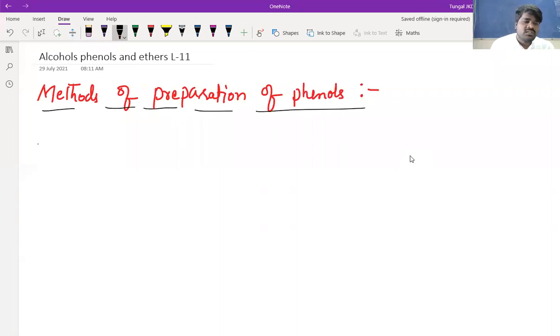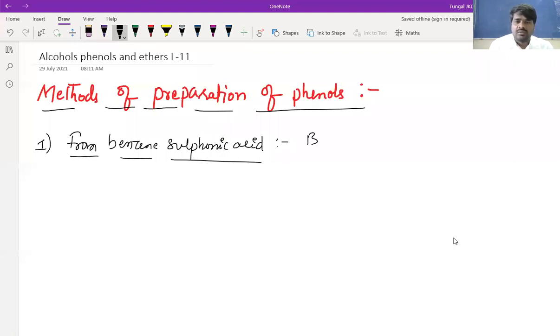So the first method is preparation of phenol from benzene sulfonic acid. What is this benzene sulfonic acid? Basically, what happens, beta?